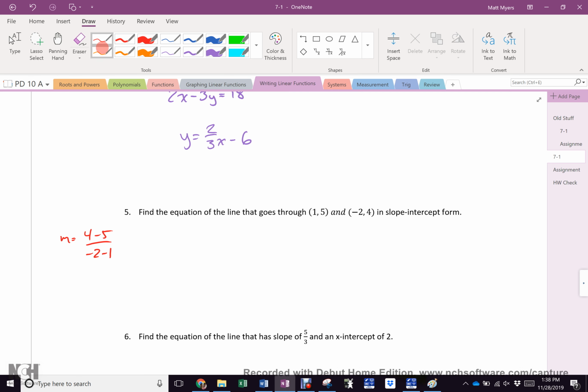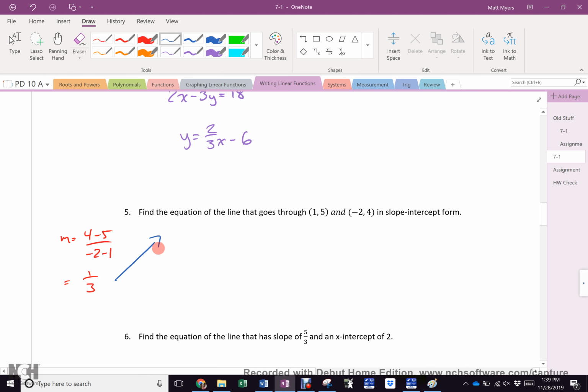No. Because I reversed the x's and y's. All right, so what is the slope? 1/3.